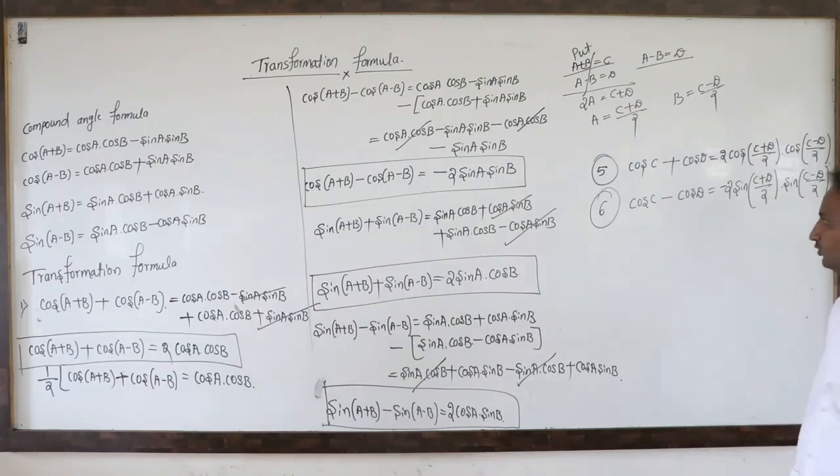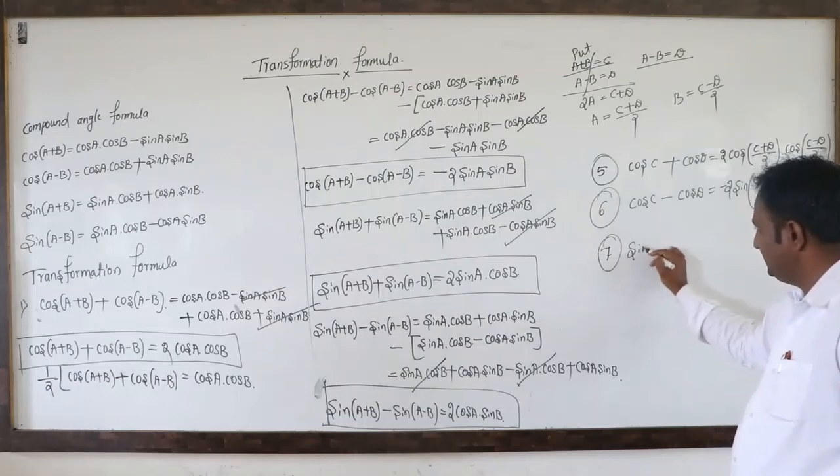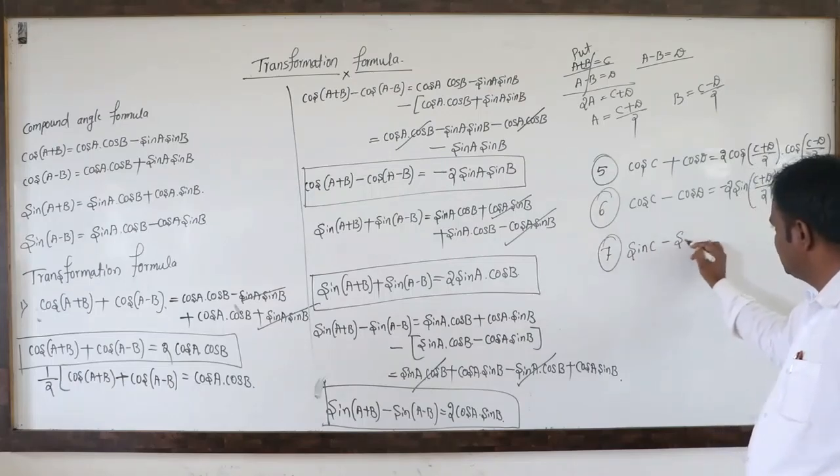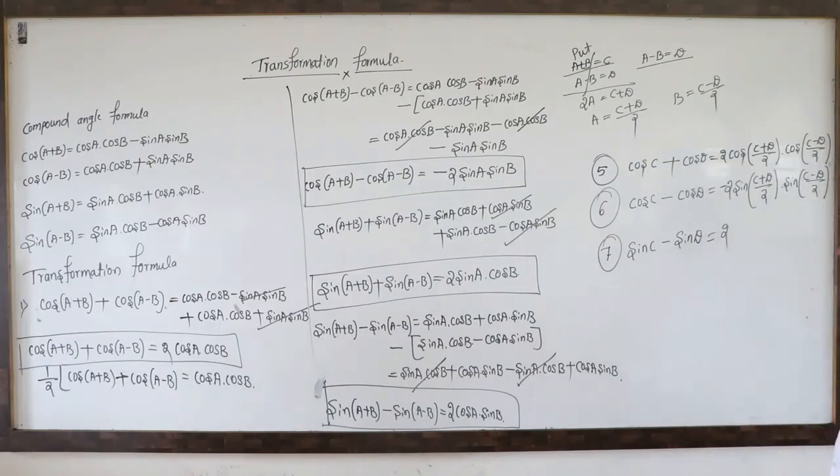Seventh one, sine c plus sine d is equal to 2 sine of c plus d divided by 2 into cos of c minus d divided by 2.